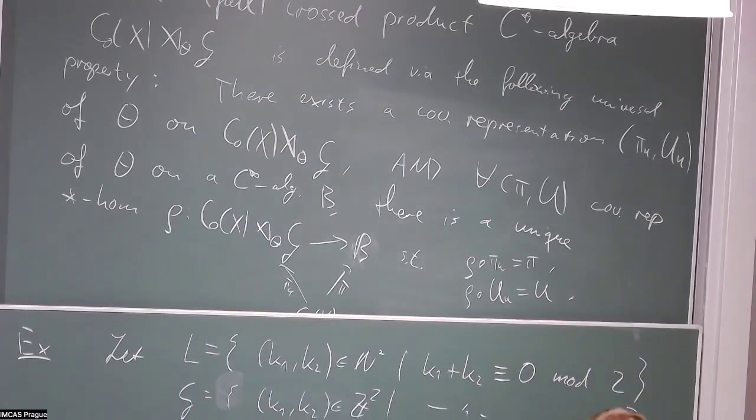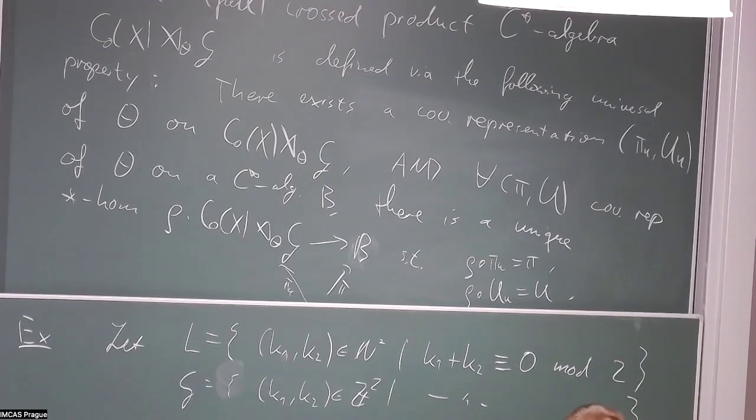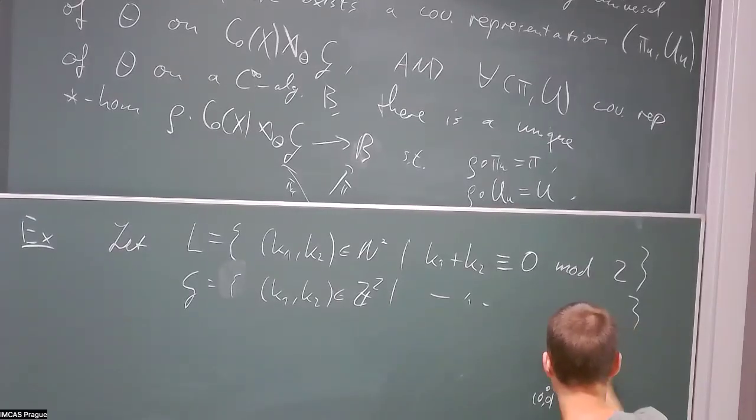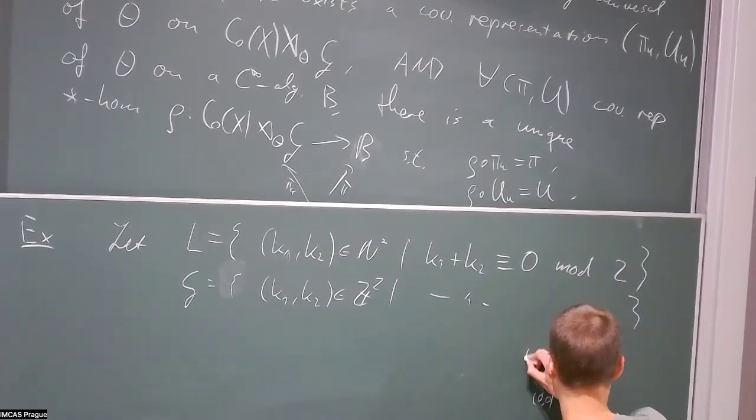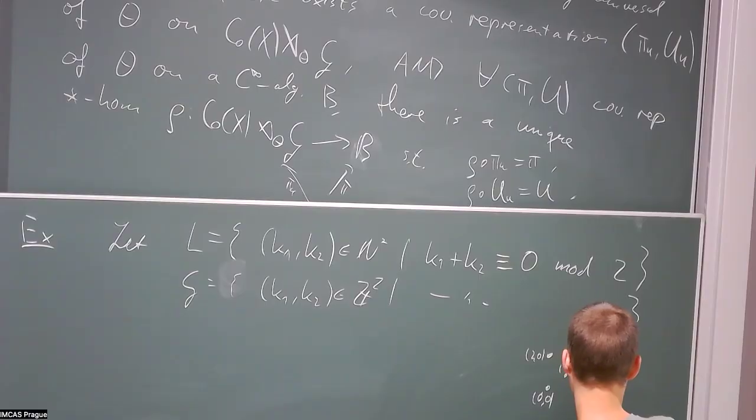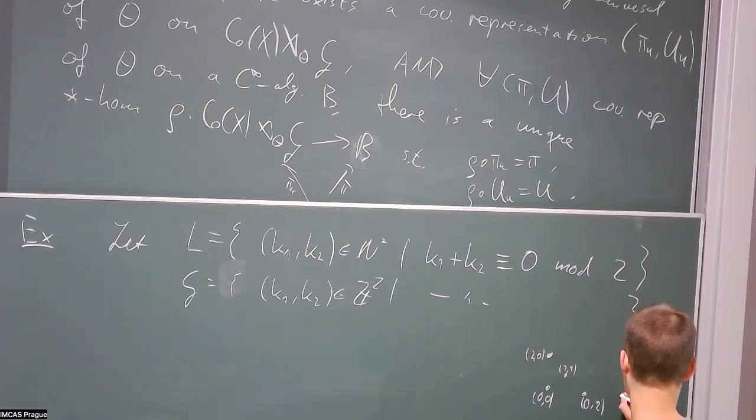The way this would look is, if you compute the solutions of this, you have 0, 0, you have 1, 1, you have 2, 0, you have 0, 2, and so on.